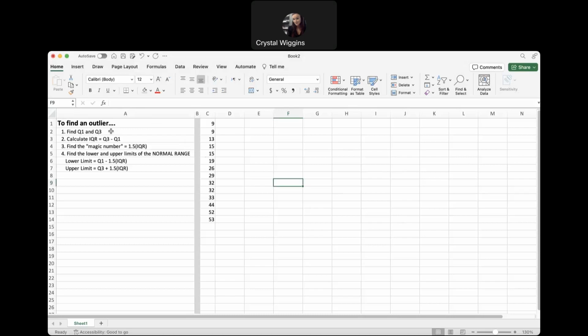Anything that falls below or less than this number would be an outlier. And to find the upper limit, we would take the quartile 3 that we found in step 1, add the magic number, and that will provide us with the largest number that is still considered normal. Any data values in the set that are larger than this upper limit would be an outlier.